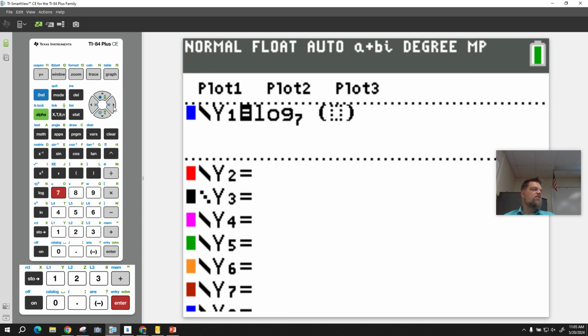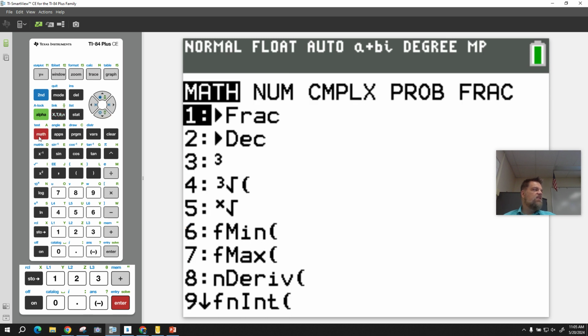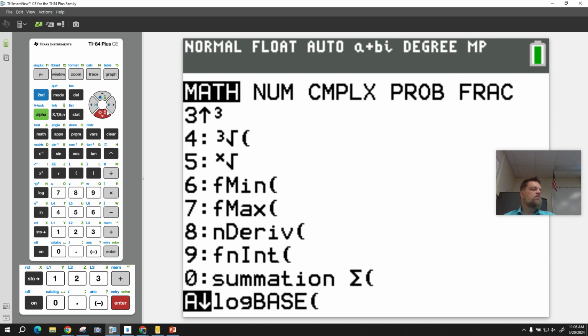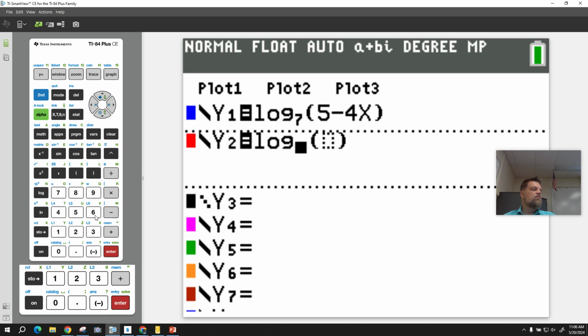So you enter in your 7, then in parentheses you're going to put 5 minus 4x, go down to the next one. Same thing, hit log, go down to the bottom. Hit 7, then plug in 3x minus 2.